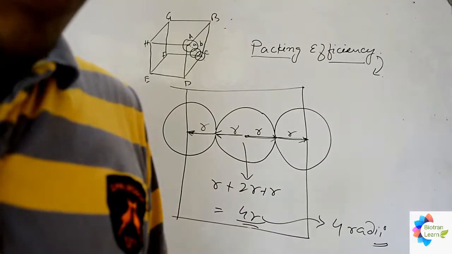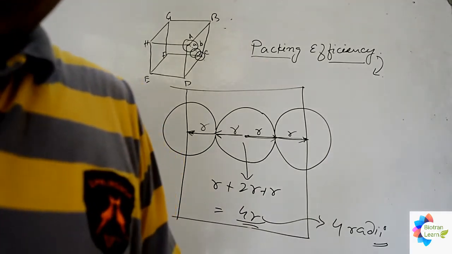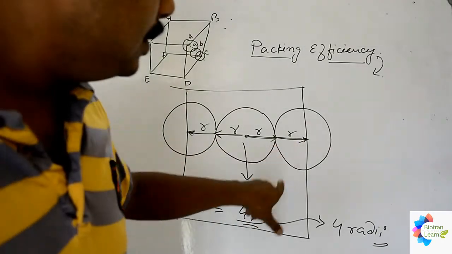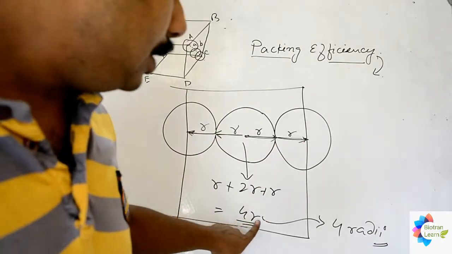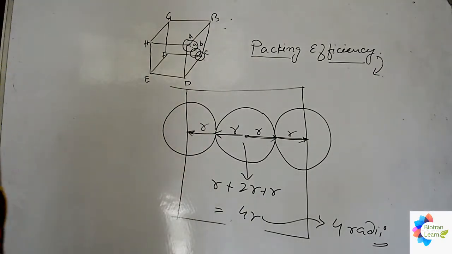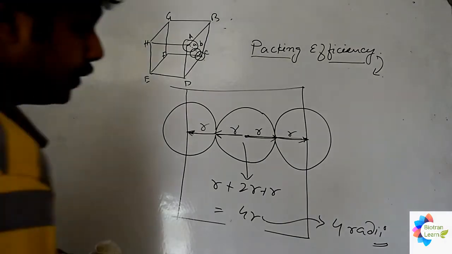We should know what kind of structure it is, and afterwards we will be calculating this particular number, this particular radii, with the help of which we will be able to calculate the packing efficiency. Sorry for the interruption. Okay.